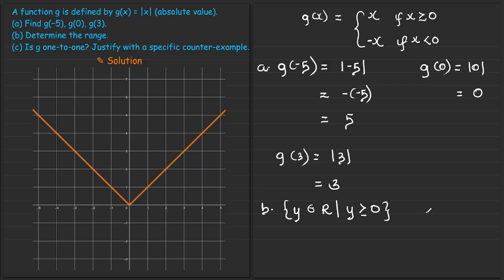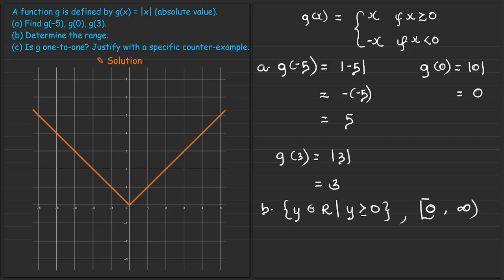This is our range of values because the y is always an element of R. Or if you want to follow how we did the previous one, then we can see the range of values is 0 inclusive and then infinity. This is a mathematical way of writing this as well, which is to say that the value of y starts from 0 and has no end.